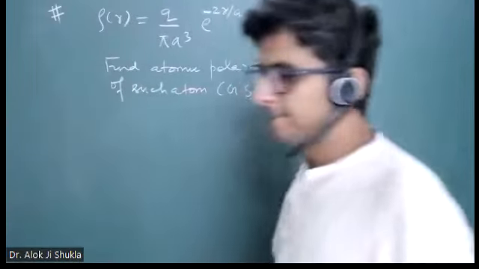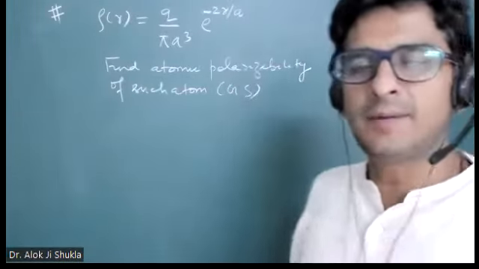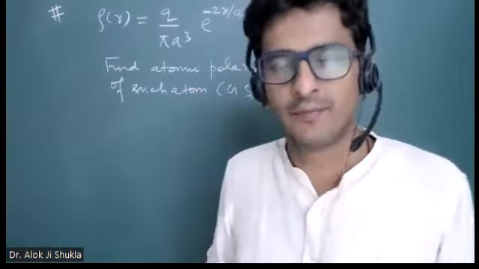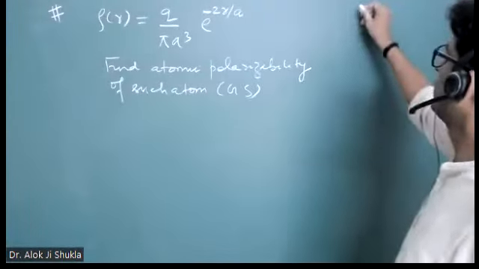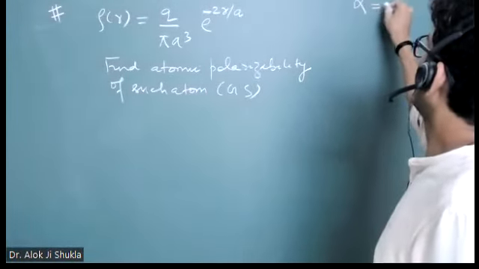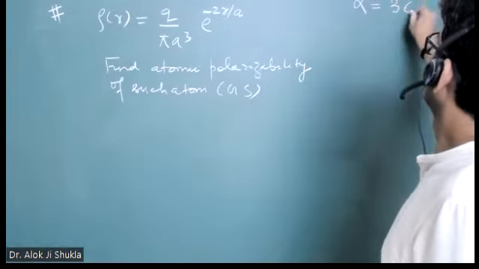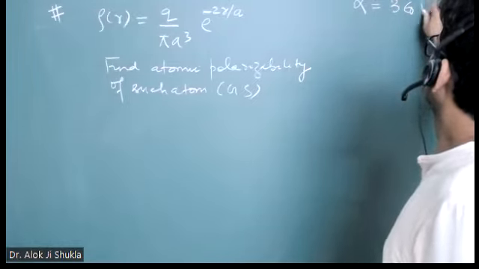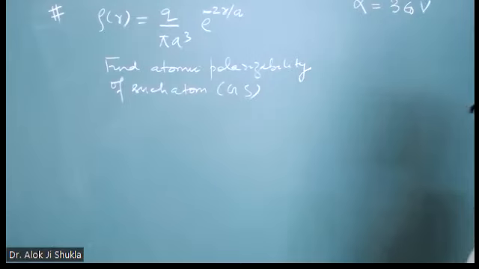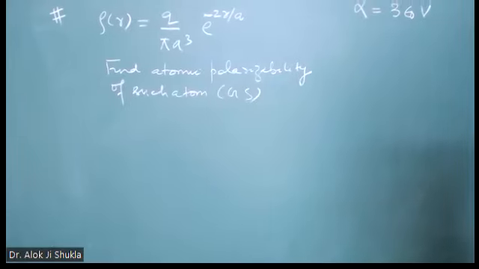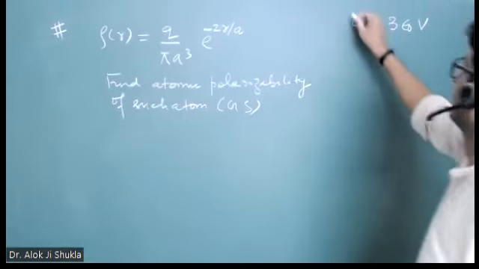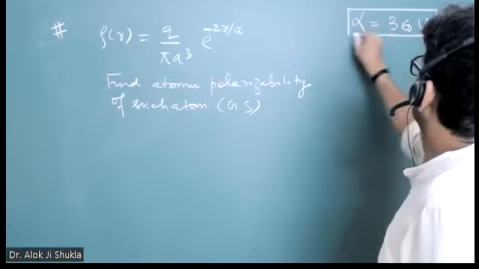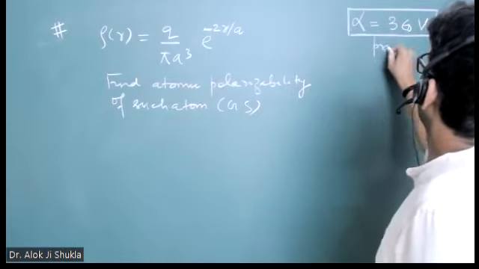So, do you remember that I have taken a very primitive model, a very simple model. And I showed you that alpha for that was 3 epsilon naught V. Please check from the previous class. Alpha was 3 epsilon naught V from a primitive model.